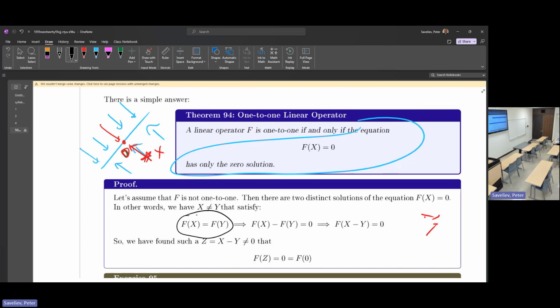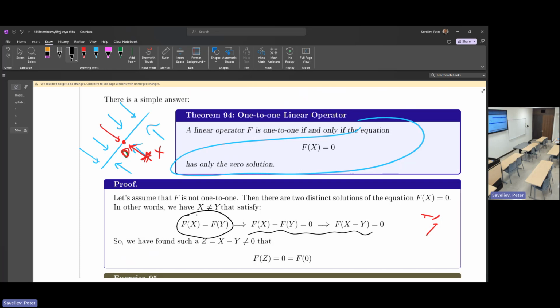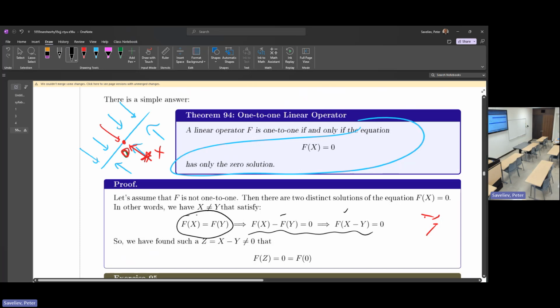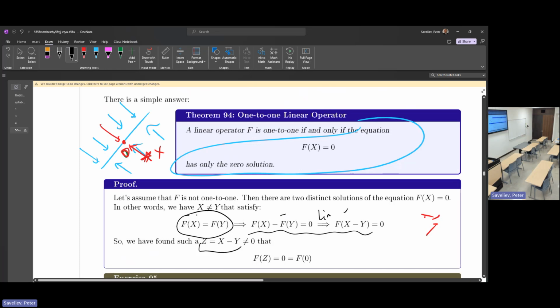A very short argument demonstrates that there must be an element that goes to 0. As you can see, I move stuff to the left over here and then factor f out by linearity. It does not work with any other function, but with linearity, we can pull everything inside of f, and then f takes x minus y, let's call it z, to 0.